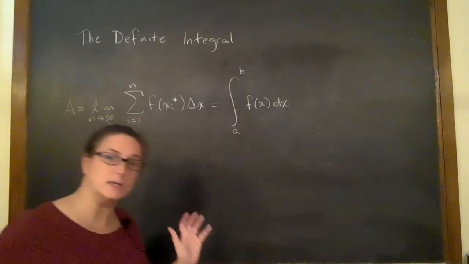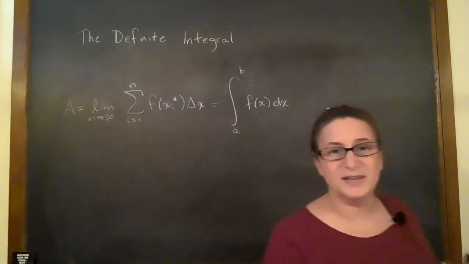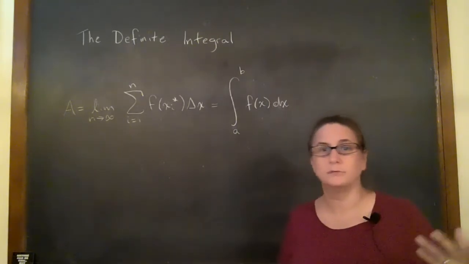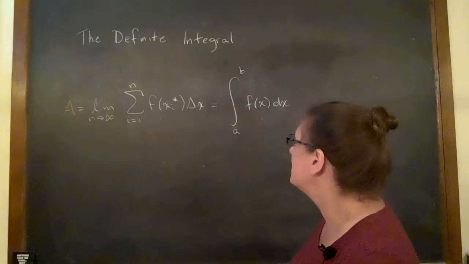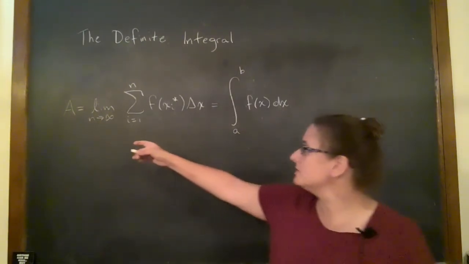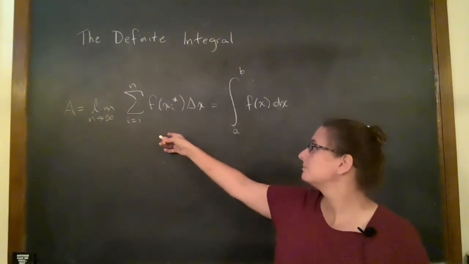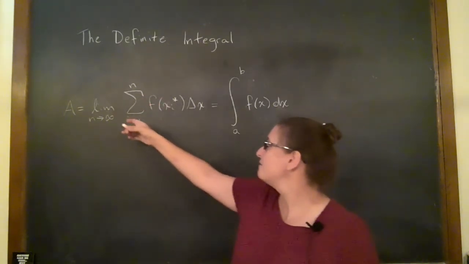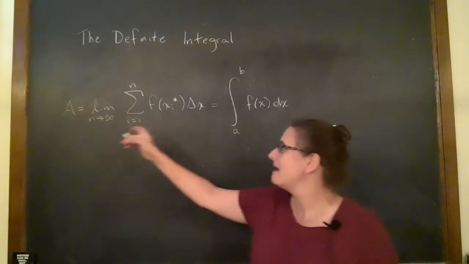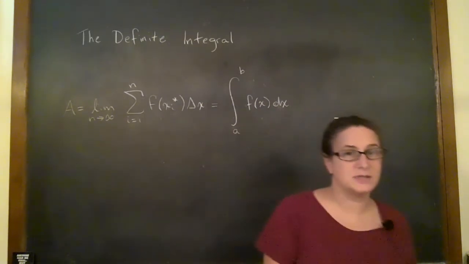You may have seen examples where they do this, and maybe I'll do one just for fun because it's kind of cute, right? But you can actually do this limit by explicitly putting stuff in here, figuring out what that sum is, and then taking the limit as n goes to infinity. You can do it.